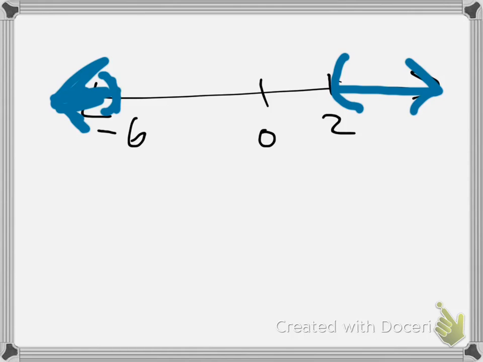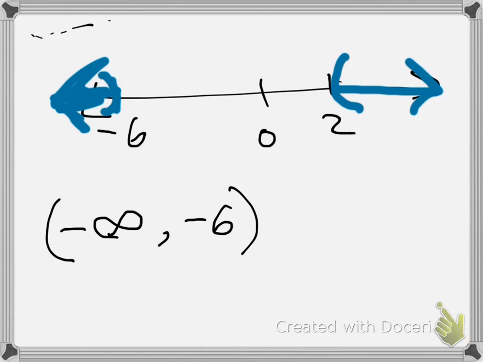Let's do the interval notation for this. The interval notation, read it from left to right, you see the values being shaded in automatically. It starts actually with negative infinity, and then it stops at negative 6 and doesn't include negative 6, so it gets parentheses.